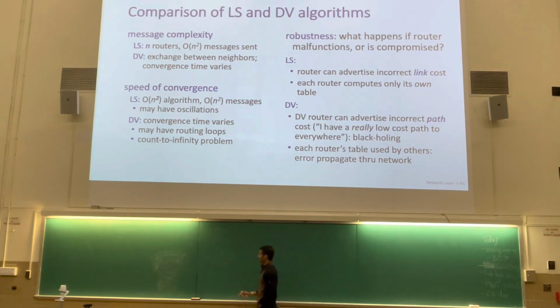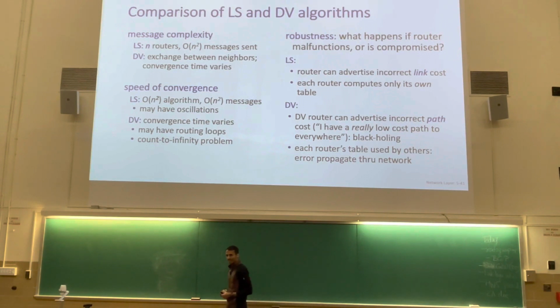But a better real-world estimate for real-world protocols is order number of edges. That's the amount of message complexity needed to disseminate link state information, some change in the link cost, to all the nodes. So if a message traverses every link in the network, then it's reached every node in the network.